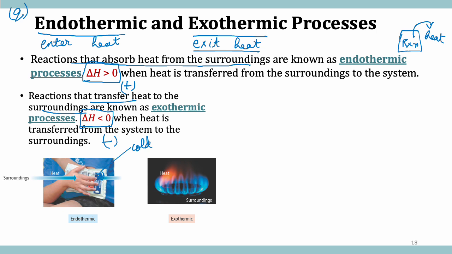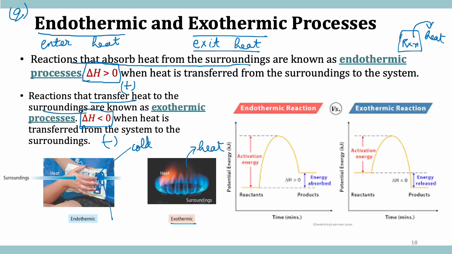So in this cold pack an endothermic reaction is happening inside. That is why it is able to absorb heat from the surroundings. Whereas when you're burning a stove top, burning wood, burning gas, all of that is an exothermic reaction, because when the reaction occurs it releases heat, so we use that heat to warm ourselves, right? So that is an exothermic reaction.